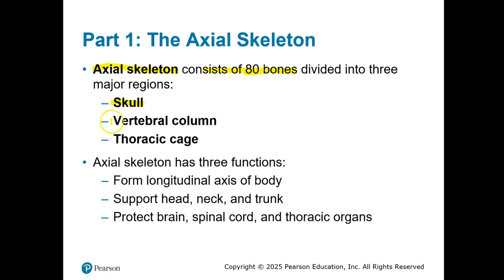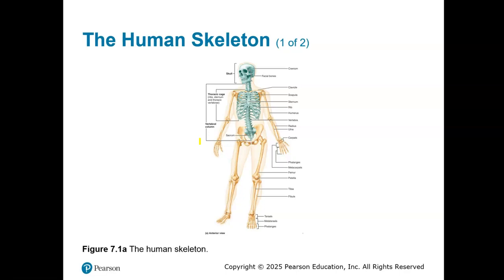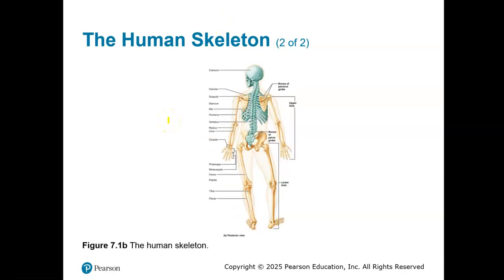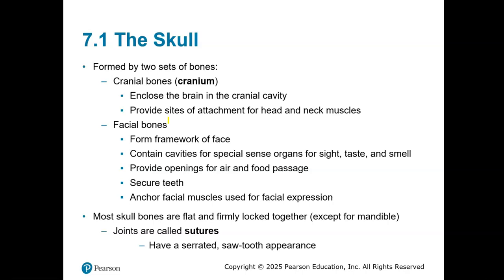So these are the components of the axial skeleton, which consists of 80 bones. You can see here it's in a light green. That's the axial skeleton. And the rest of the skeleton is the appendicular skeleton, which we'll talk about. We'll do the axial skeleton first.